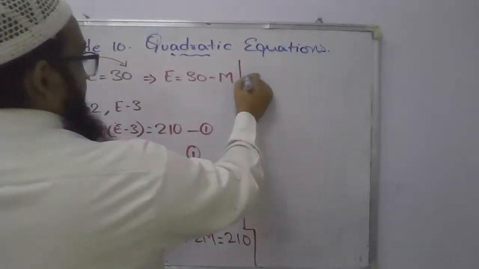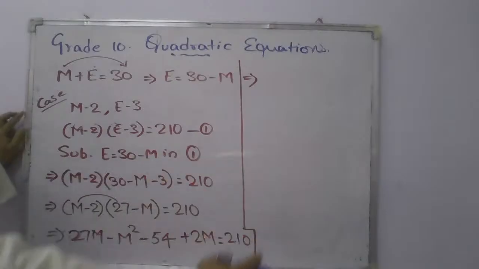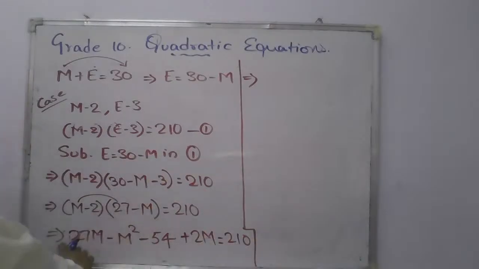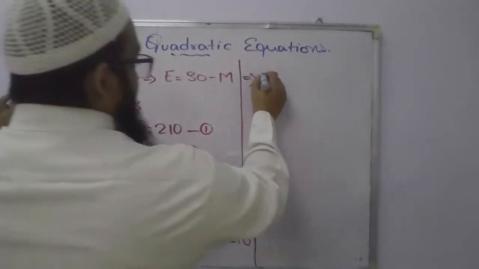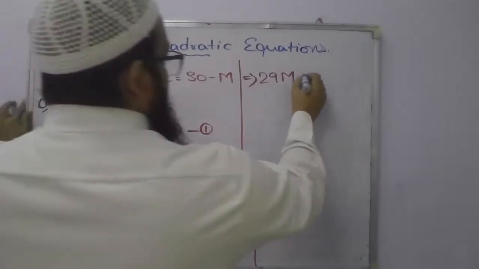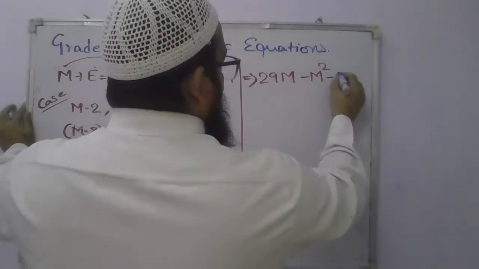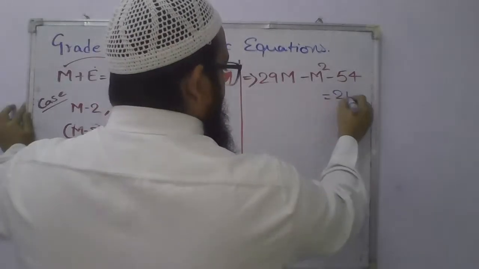Let us see. That implies, since m square is negative, transpose whatever you have on the left hand side to the right hand side. Before that, you have like terms, 27m and 2m, it is 29m, and minus m square and minus 54 is equal to 210.